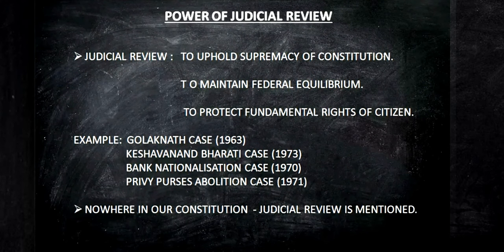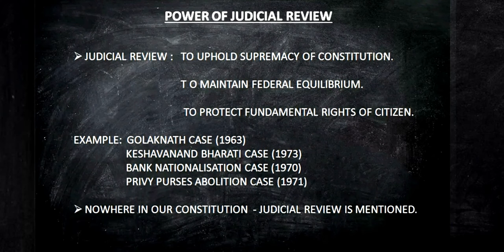So the provision of judicial review is given in our constitution, but why? What is the need of judicial review? Why do we have something called judicial review in our constitution? There are certain reasons. The reasons are, first, to uphold the supremacy of the constitution, that means no government or public authority has the power to override the constitution.